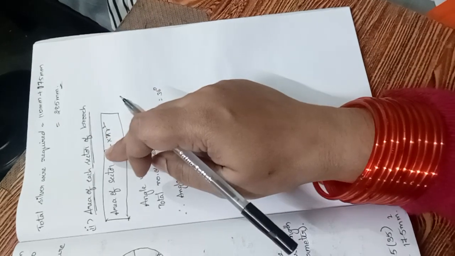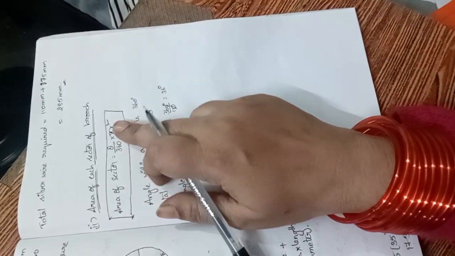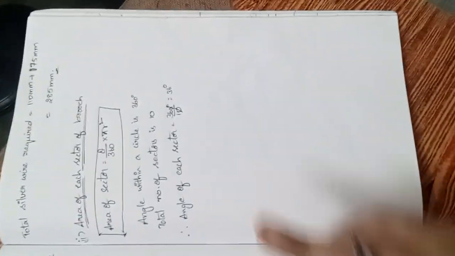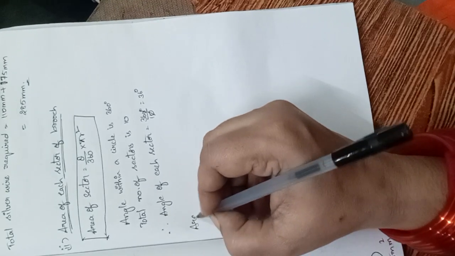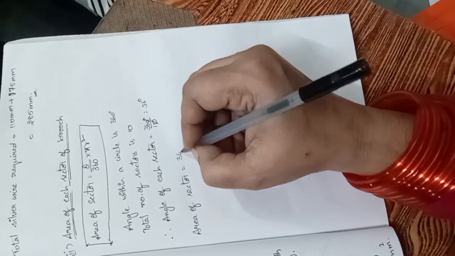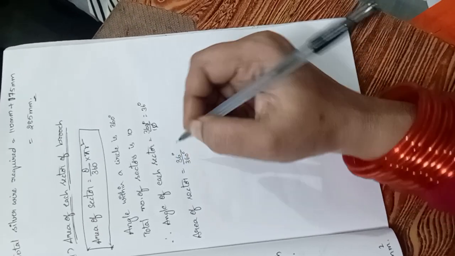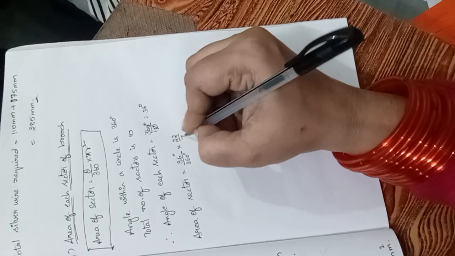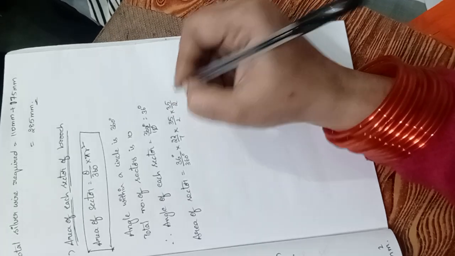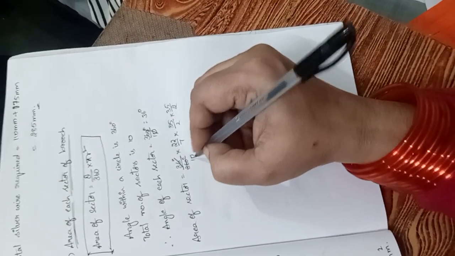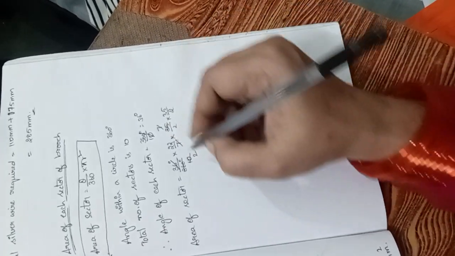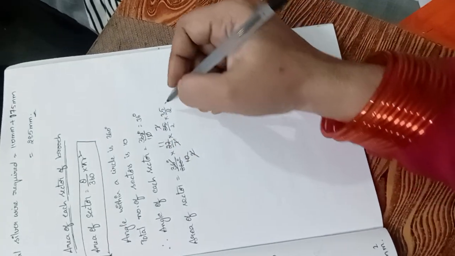Now substitute this value here. And r is what? 35 by 2, right? Here we got 35 by 2 as the radius. Substitute those values here. Area of sector equals 36 by 360 into 22 by 7 into 35 by 2 into 35 by 2. 36 in 360 is 10 times, right? 5 2s are 10, 5 7s are 35, so 7 and 7 cancel, and 2 in 22 is 11 times.